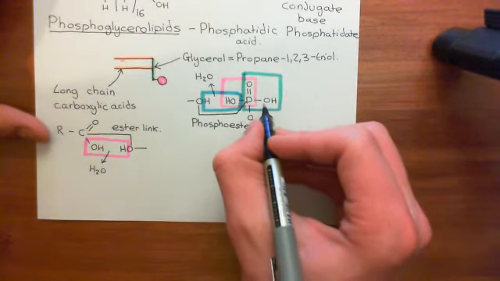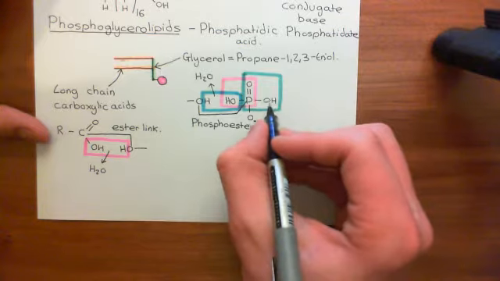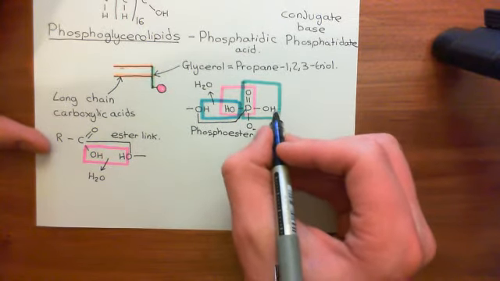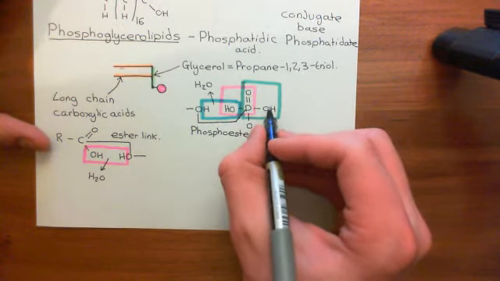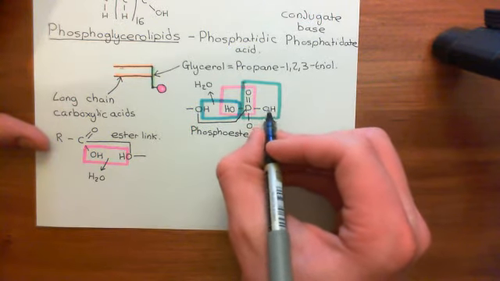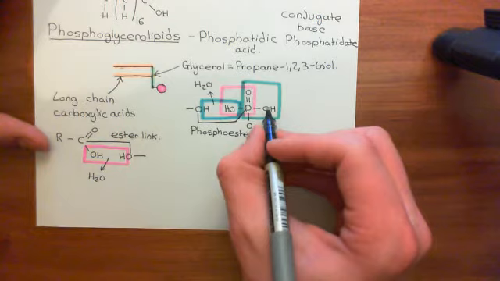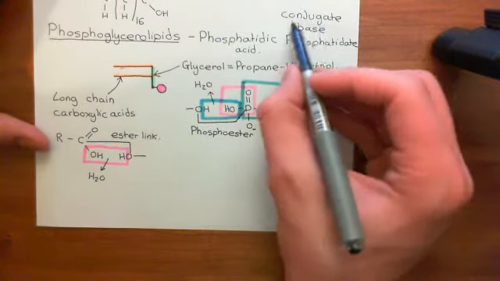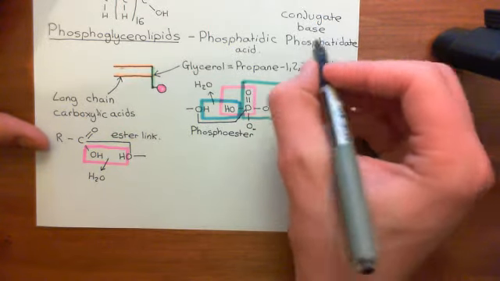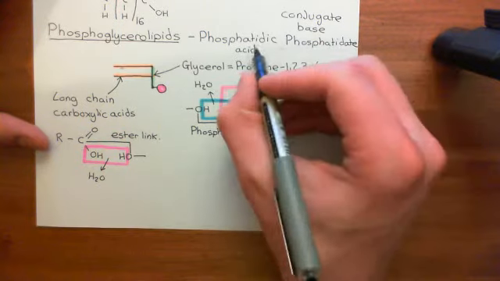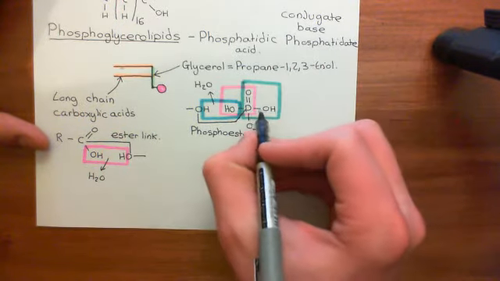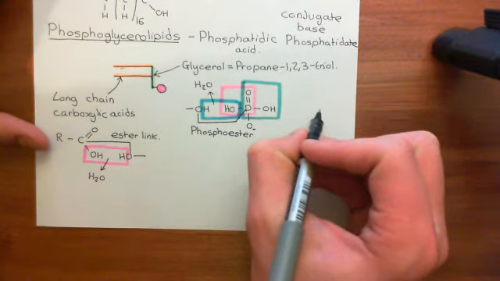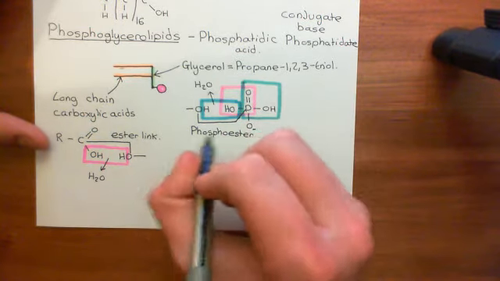Instead, it's actually a base because it can accept a proton from solution onto that negatively charged group. So a proton can come back and bind onto that negatively charged oxygen. Hence, it is called the conjugate base. And the name for the conjugate base of phosphatidic acid is a phosphatidate. So when phosphatidic acid gives its proton away, it's no longer called phosphatidic acid.